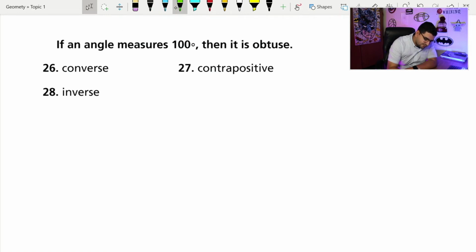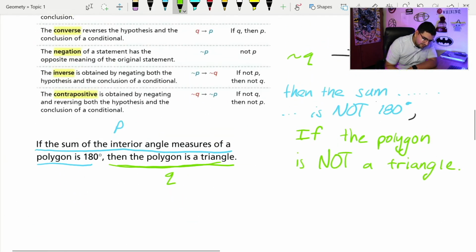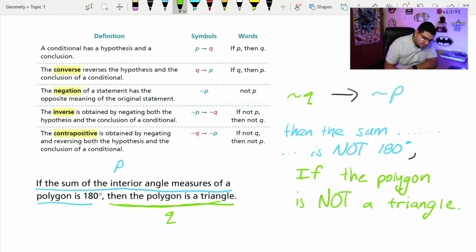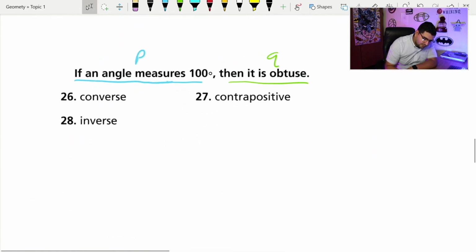The converse would say, again here I'm going to highlight, this is my hypothesis, this is my conclusion. So the converse, if you forget, is just switching Q and P. So I would just switch these two.